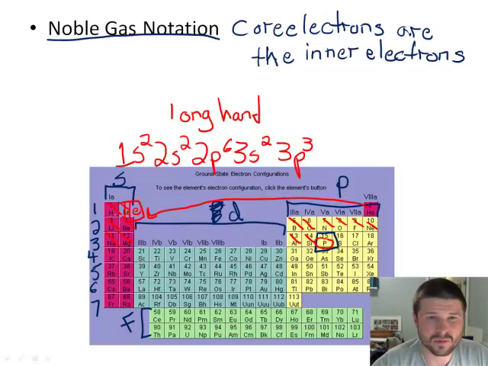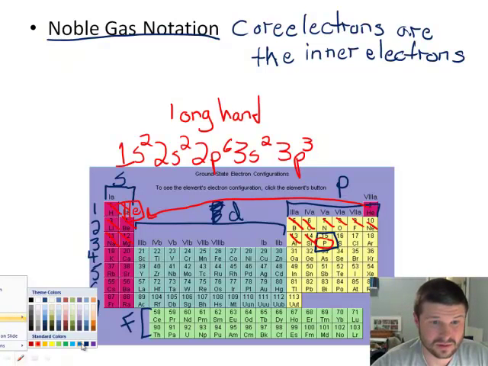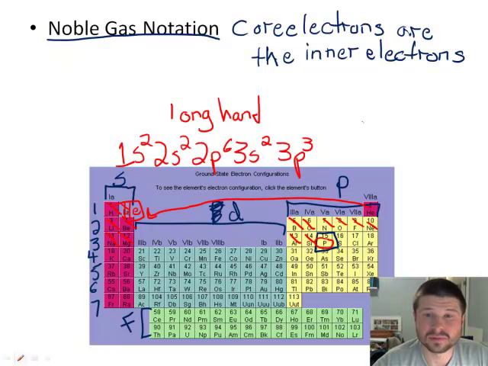All right, so now I want to do the shorthand, or noble gas. Now I want to find a way to show just the last energy level electrons. Those are the ones that have the last principal quantum number, which is 3 in this case.